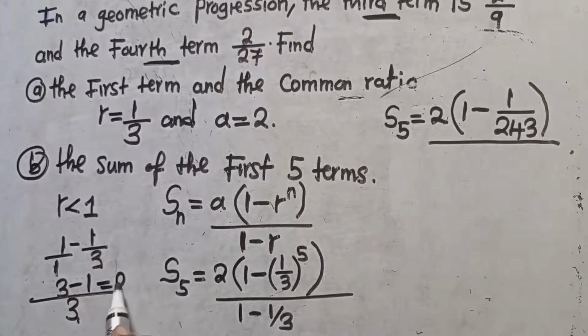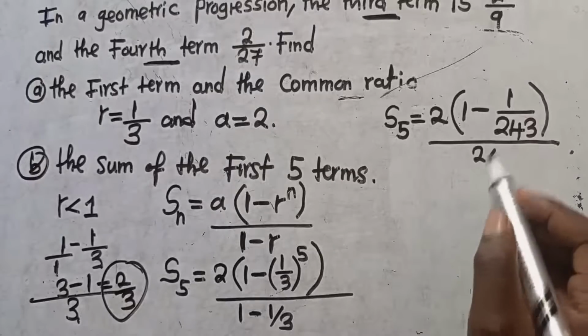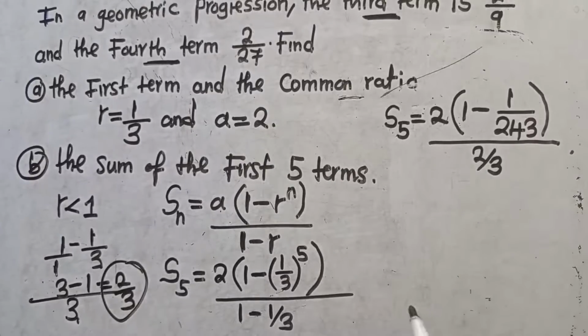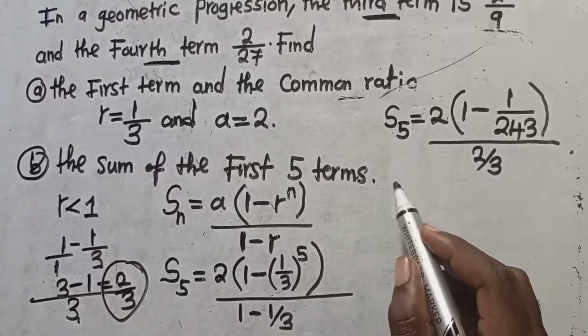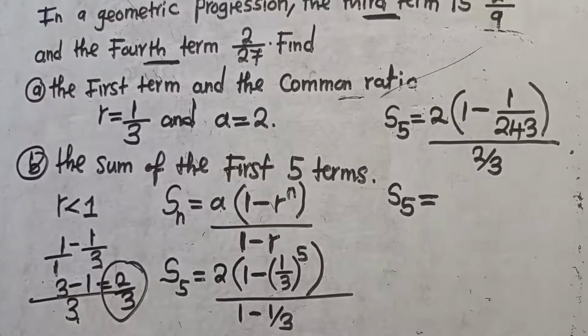The answer we are getting is 2 over 3. So there I just say 2 over 3, where I'm going to continue.